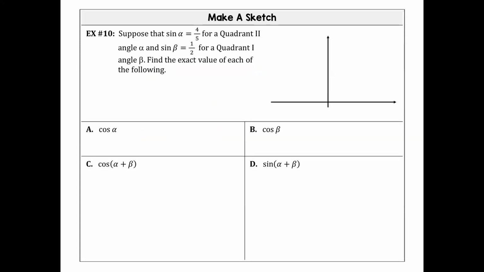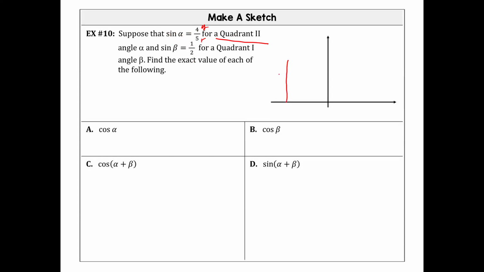Okay, so first we're going to draw our triangles where they tell us to draw them. The first one is drawn in what quadrant? Quadrant 2. If I have sine of an angle, that means that this is the y, your vertical change, right? And 5 is your r, your radius.